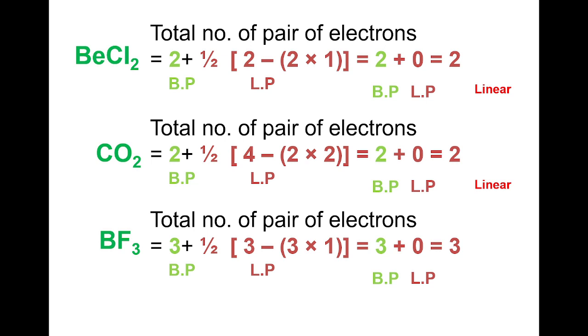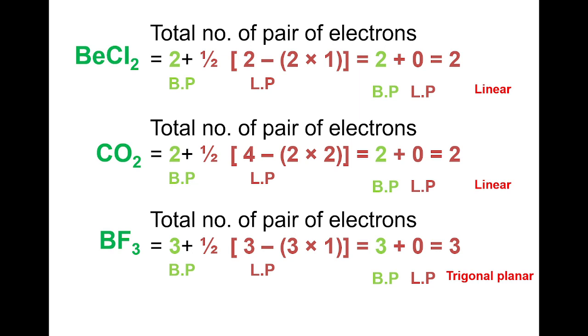Bond pair is the total number of surrounding atoms, 3, plus half of the outermost electrons present in boron, 3, minus 3, the number of surrounding atoms, into the valency of fluorine, 1. So 3 plus 0, bond pair 3 and lone pair 0. So the shape will be trigonal planar.